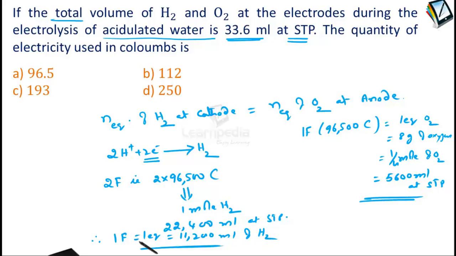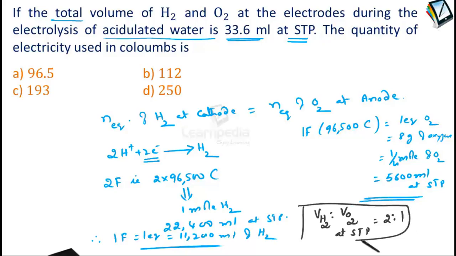From where we can understand that the hydrogen and oxygen is liberated in the ratio of 2:1. Volume of hydrogen liberated to volume of oxygen liberated at STP is in the ratio of 2:1. So this is the basic point that is to be used in solving this question. And in the question it is given that total volume liberated is 33.6 ml.